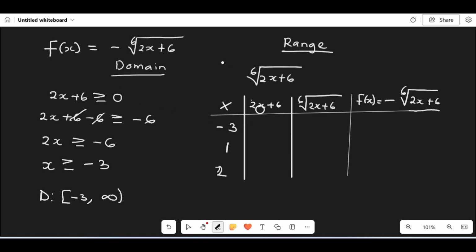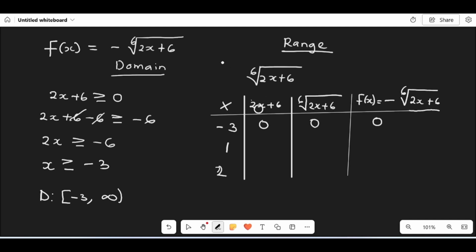If we substitute x equal to minus 3 here, we get 2 multiplied by minus 3 plus 6, which gives us 0. The sixth root of 0 is 0, and the function gives us 0.